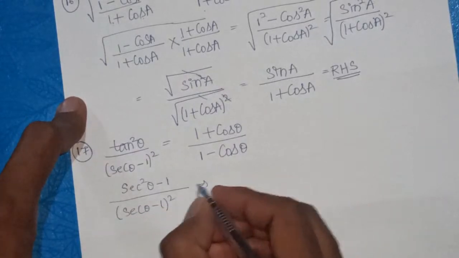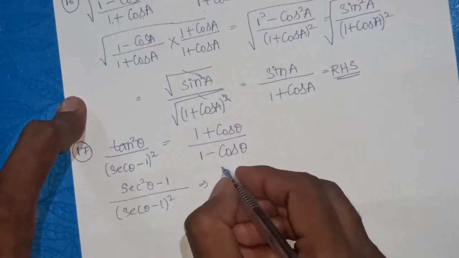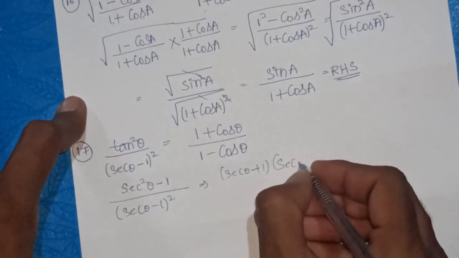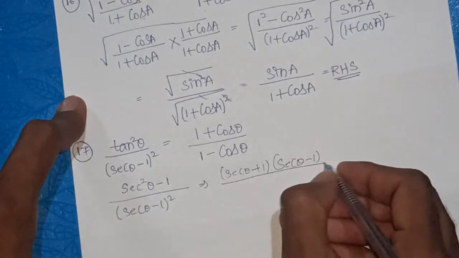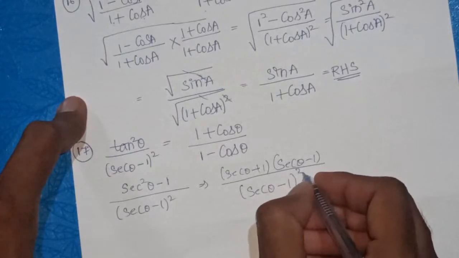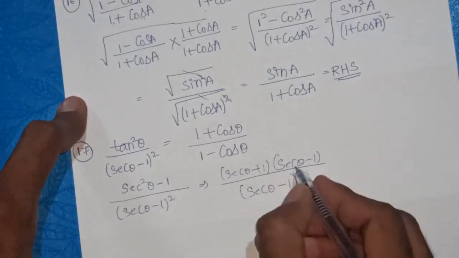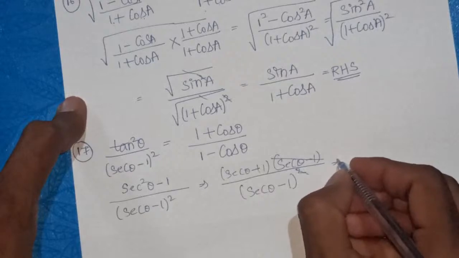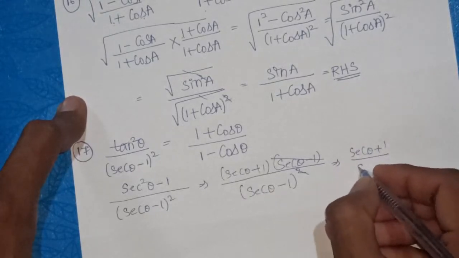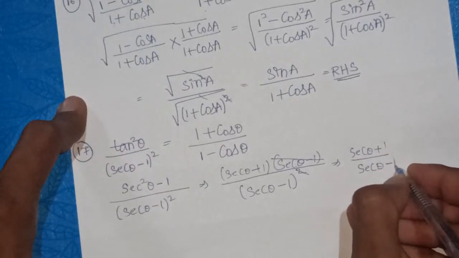In the numerator, we can see it is in the form a square minus b square. Therefore, it can be written as secant theta plus 1 into secant theta minus 1. It is divided by secant theta minus 1 whole square, and a square and secant theta minus 1 will be cancelled out. Therefore, we are left with secant theta plus 1 by secant theta minus 1.